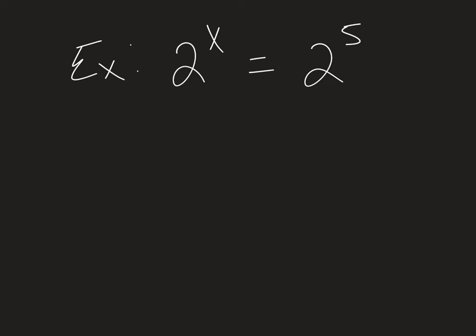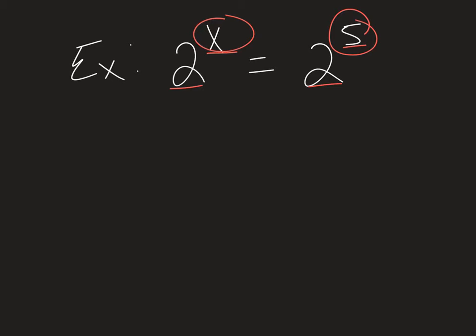So let's go ahead and start with an example. This is a fairly simple example, but it's going to motivate the whole strategy for solving exponential equations without logarithms. The idea is if I have 2 to the x equals 2 to the fifth, the only way this can be true is if the powers are the same, because I have the same bases.